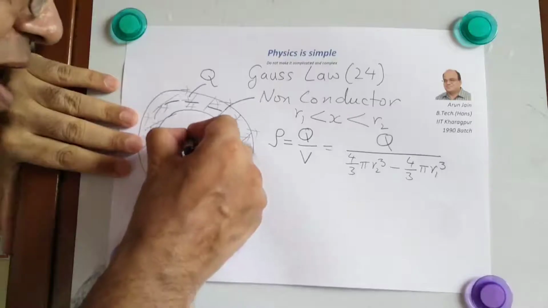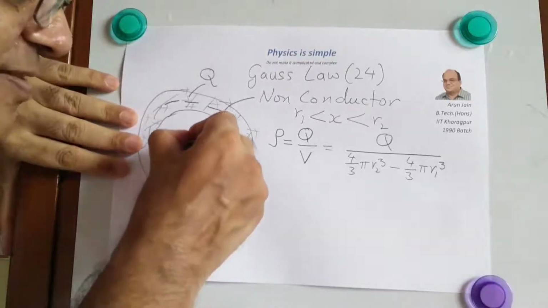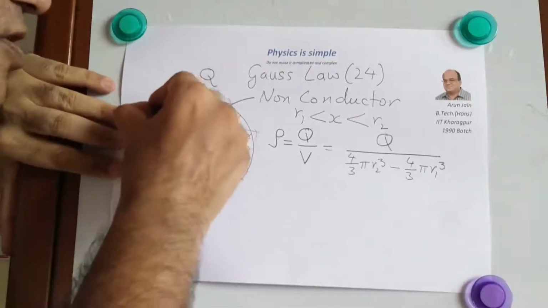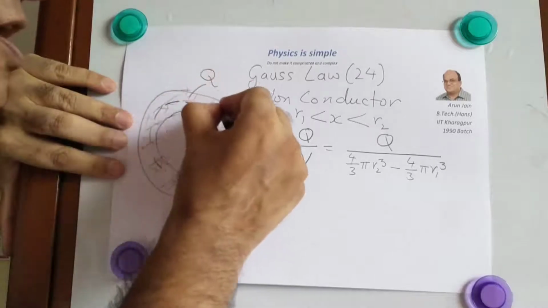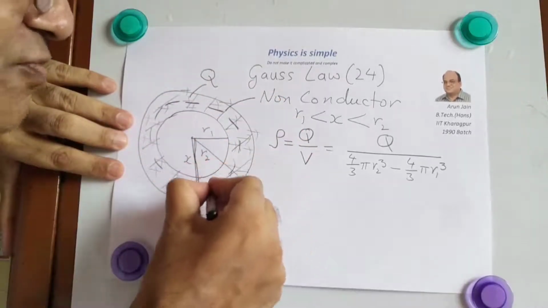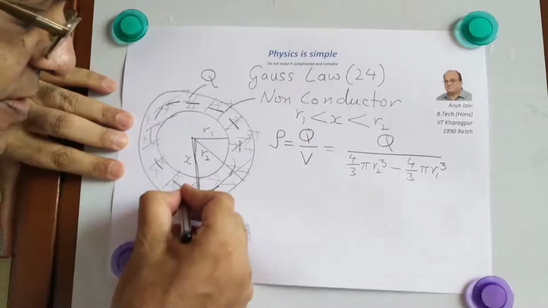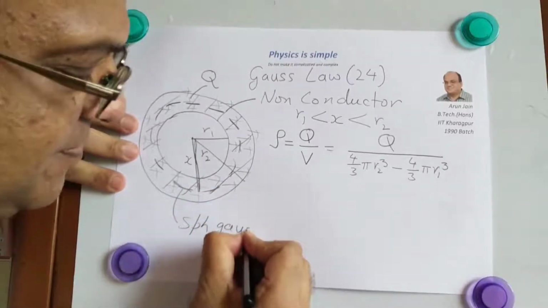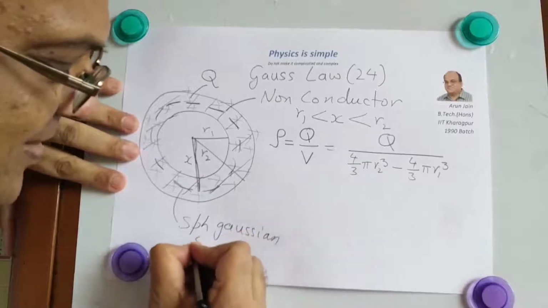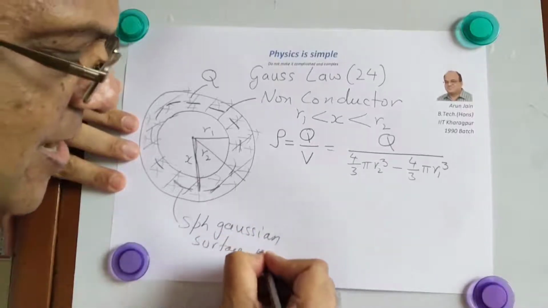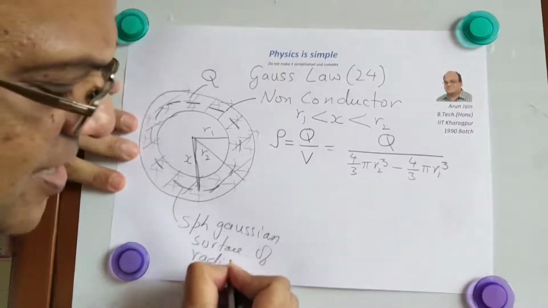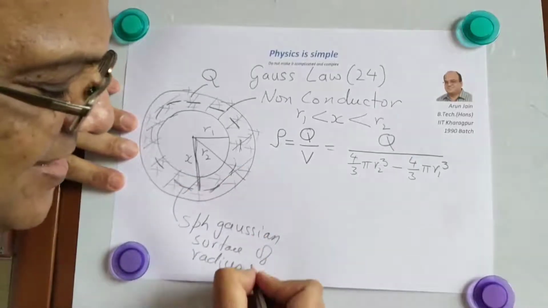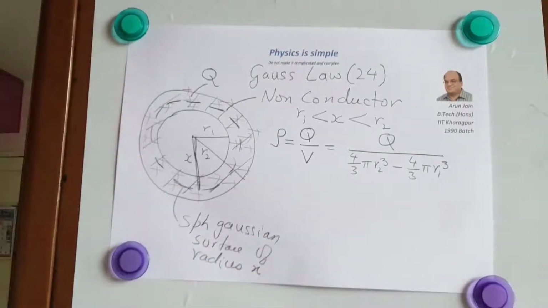Since we want to find the electric field at a distance x, we'll draw a Gaussian surface of radius x, a spherical Gaussian surface of radius x. And we need the charge inside this Gaussian surface.